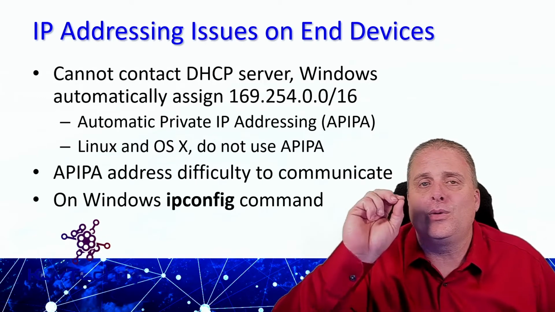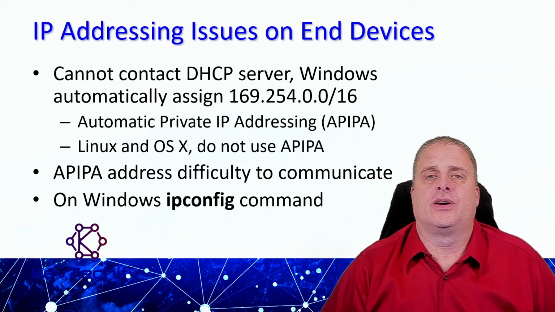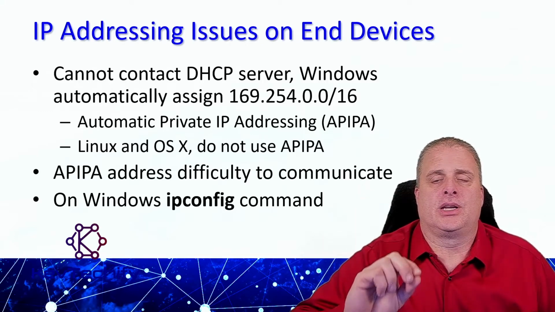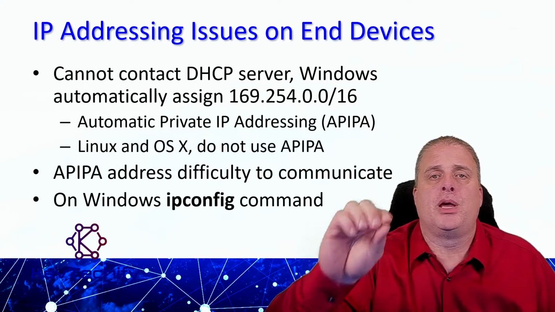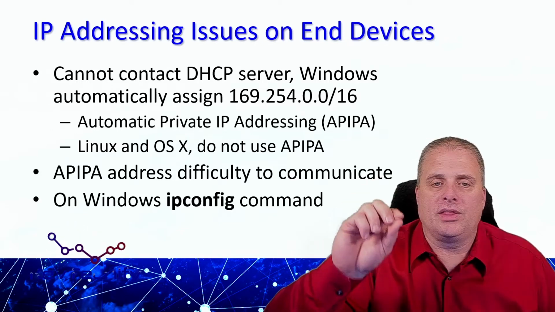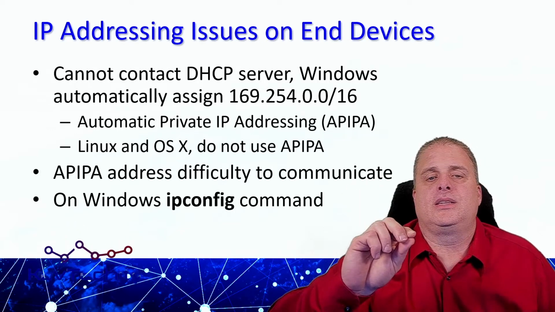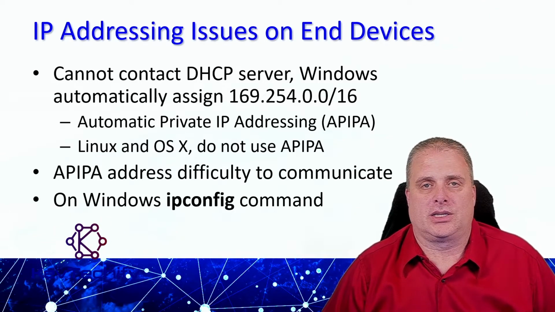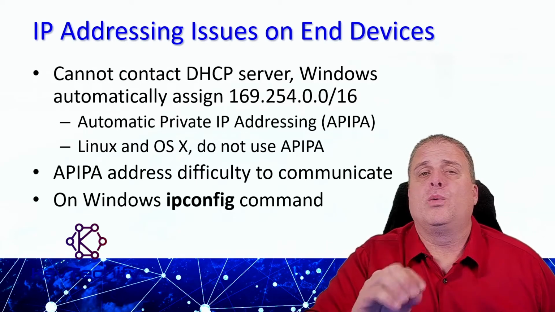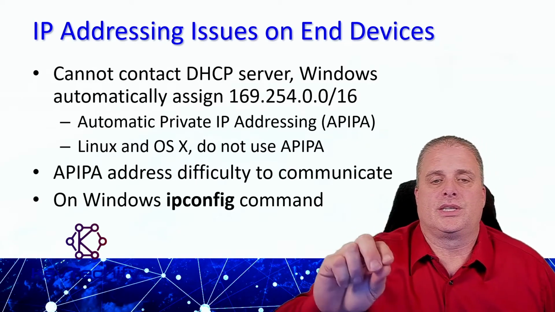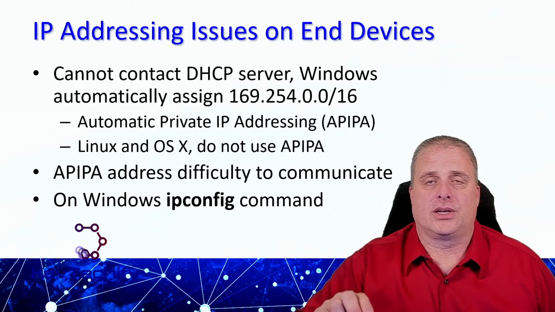If you can't reach that DHCP server, Windows devices will assign an IP address. It's referred to as an APIPA address, automatic private IP addressing. And what that is a 169.254/16 address. If that Windows device can't reach the DHCP server, it's going to get a 169.254 address.